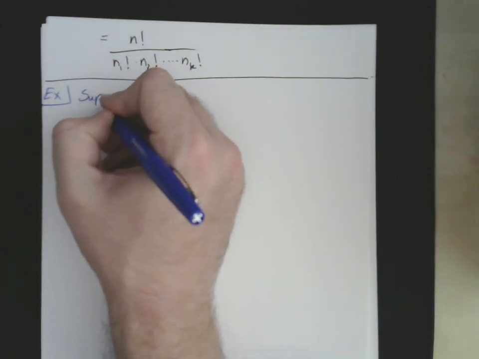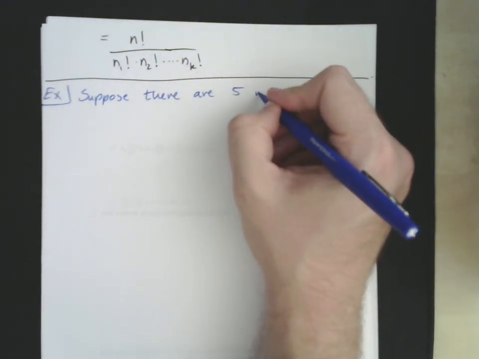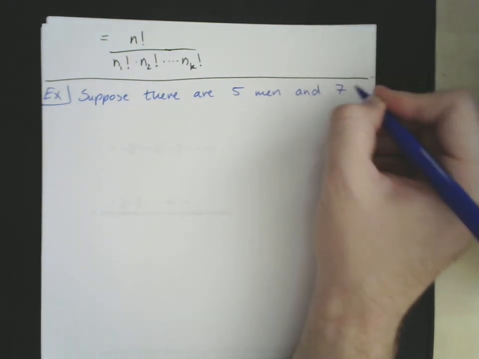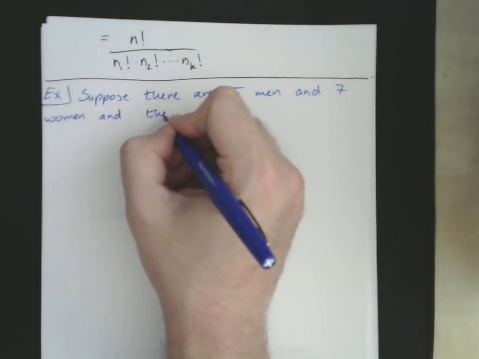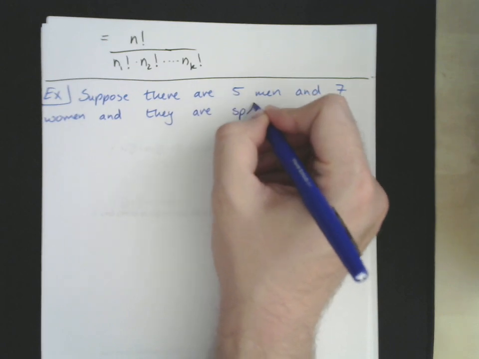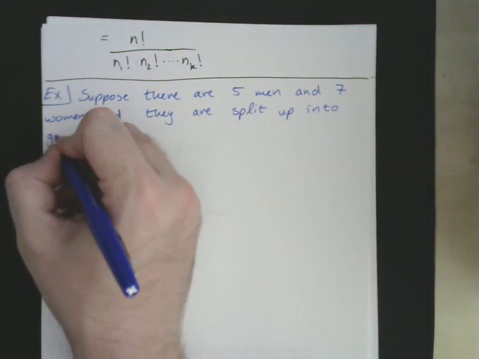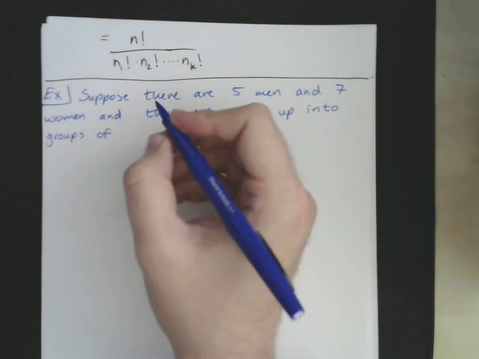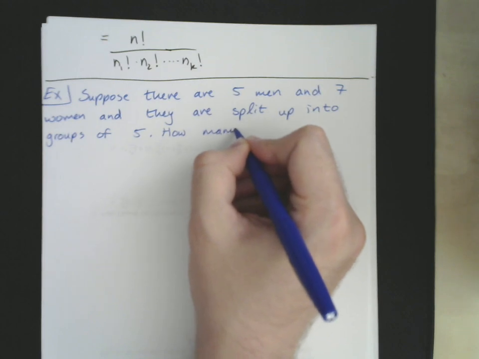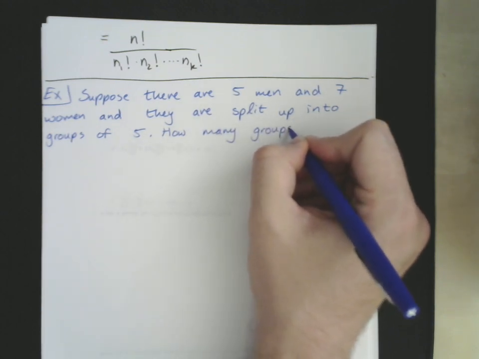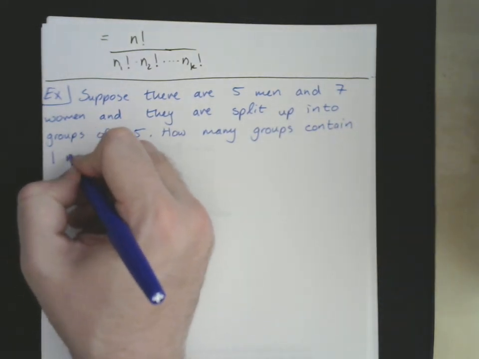Let's suppose there are 5 men and 7 women, and they are split up into groups of 5. How many groups contain 1 man?